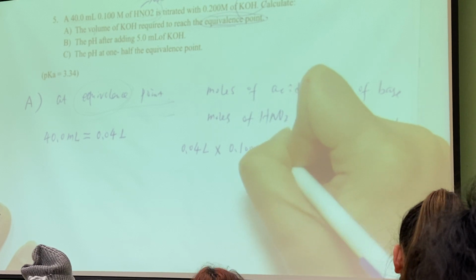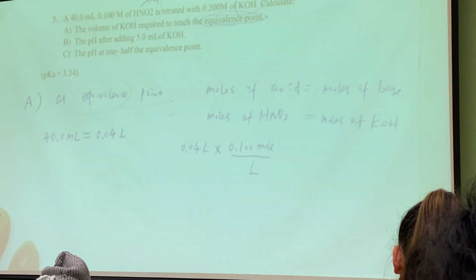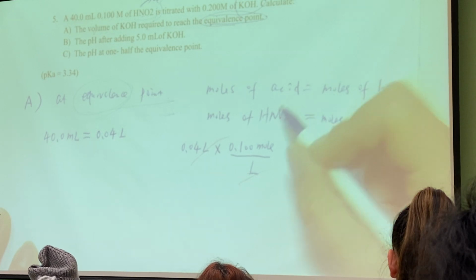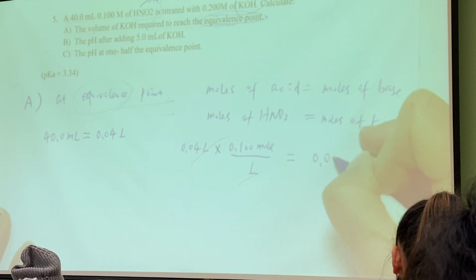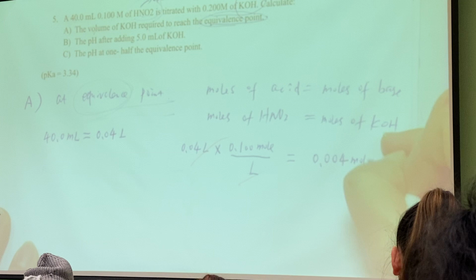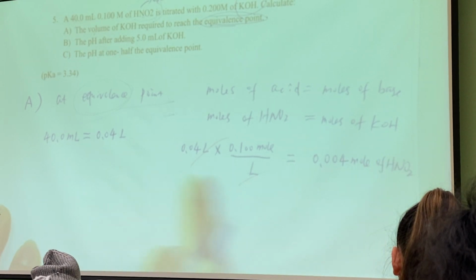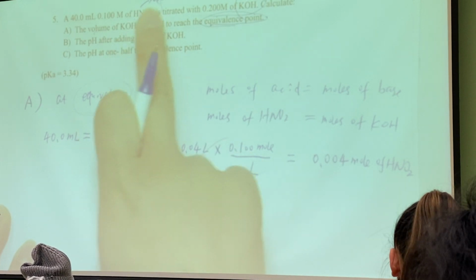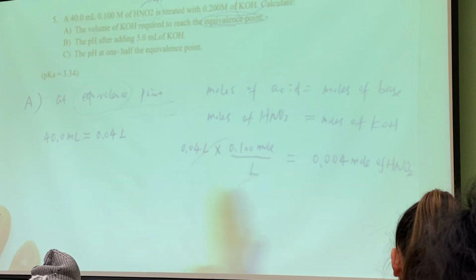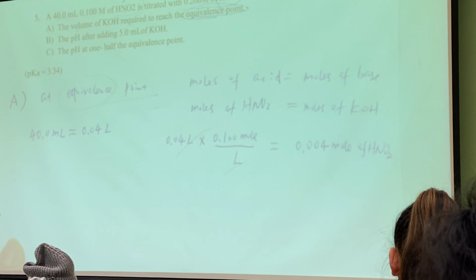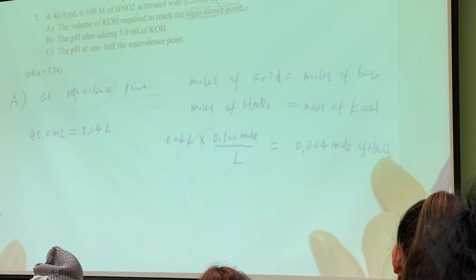Molarity means mole per liter, so your liters cancel and you only get moles. So that is 0.004 mole of acid. Any questions here? You're given molarity and volume, so you can calculate how many moles you have, based on the definition of molarity.